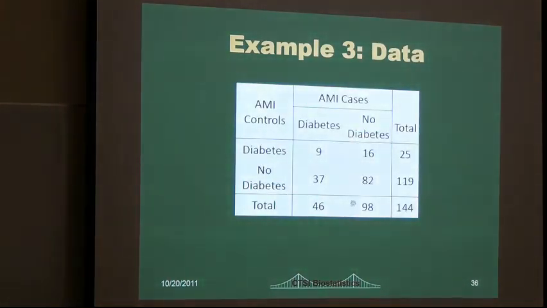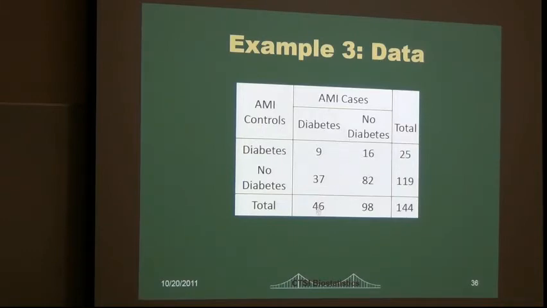So they wanted to go back and look at different factors that can be associated with AMI, acute myocardial infarction. It's a matched case control. They selected 144 patients with AMI, and then looked at 144 patients without AMI, and matched them based on gender and age. Based on that data, they came up with the data shown here.